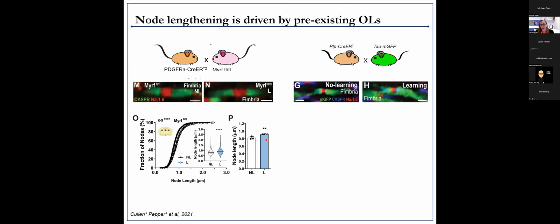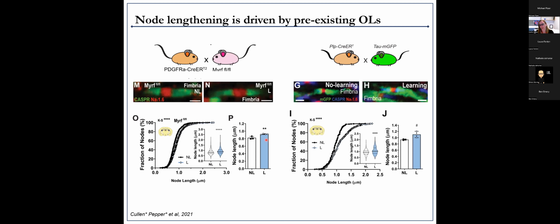And just to confirm things, I then measured the nodes that were flanked on either side by an existing oligodendrocyte. These are the GFP-labeled oligodendrocytes that were labeled prior to learning, so these internodes existed before any learning began.